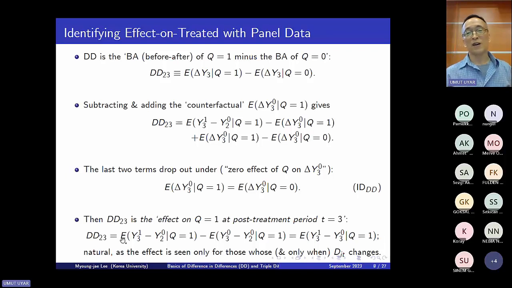So DD defines the effect of treatment in the post-treatment periods for the treatment group. That actually is well known as the identification finding of DD. So in simple words, if you apply DD methods, you will be estimating the effect of policy at the post-treatment period on the treatment group.